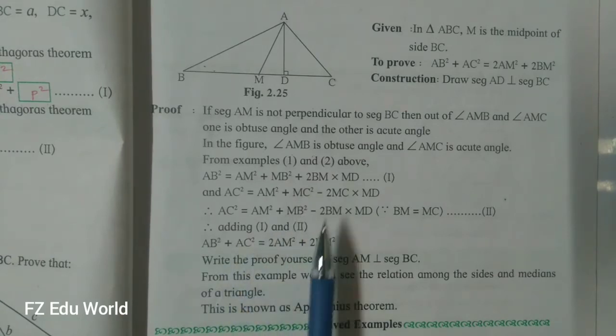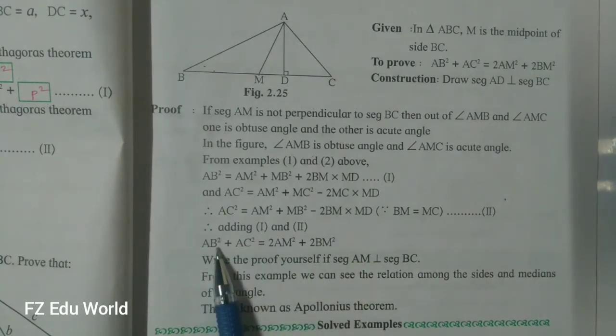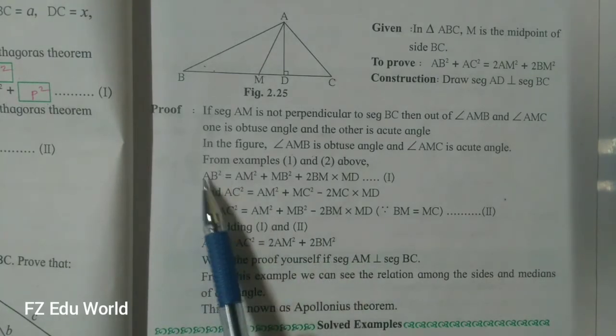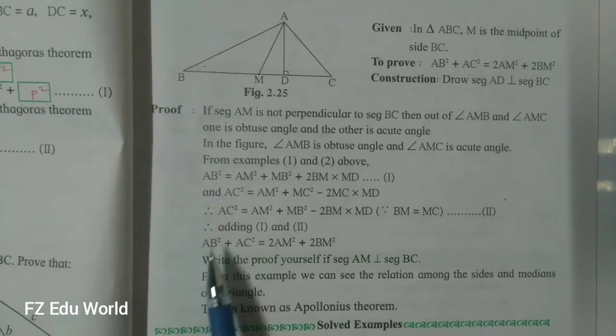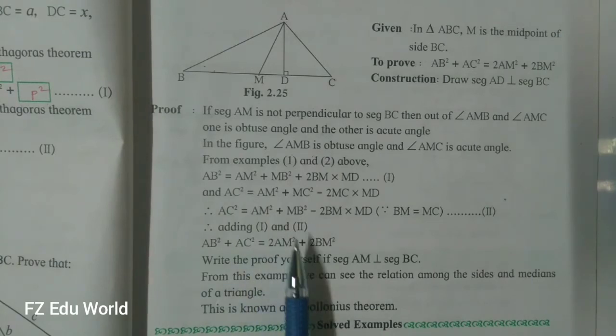On adding equation 1 and 2, left hand side will add to left hand side, AB square plus AC square is equals to 2AM square plus BM square plus BM square, that is 2BM square.